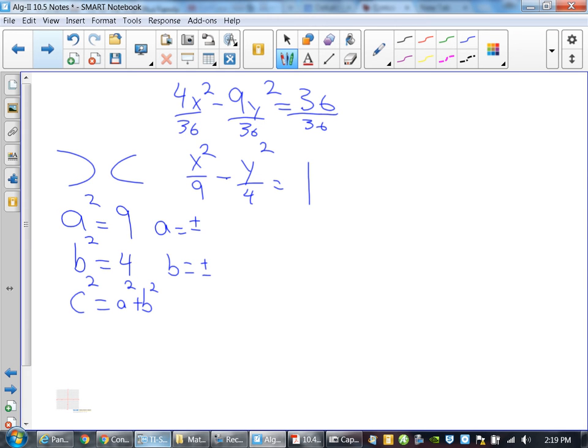Plus or minus 3. What's the square root of 4? Plus or minus 2. That gives me my a's and b's. What's 9 plus 4? What's the square root of 13? Plus or minus the square root of 13.